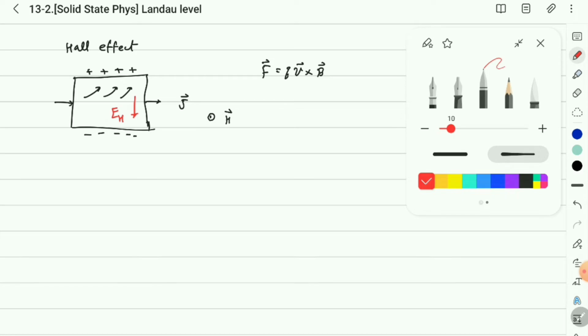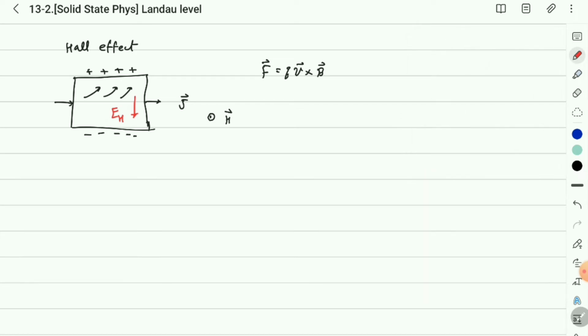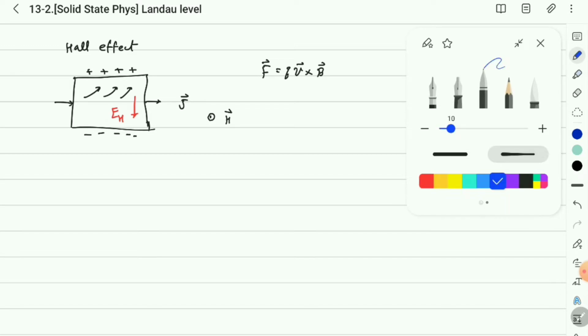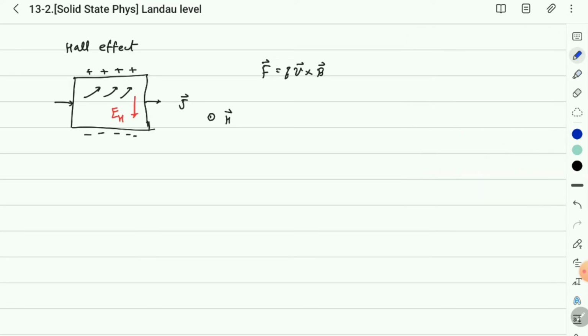But what about increasing the magnetic field higher and higher? Then the electron trajectory radius decreases more and more, and at some critical point for a high magnetic field, the deflection region decreases and the radius of circulation decreases.